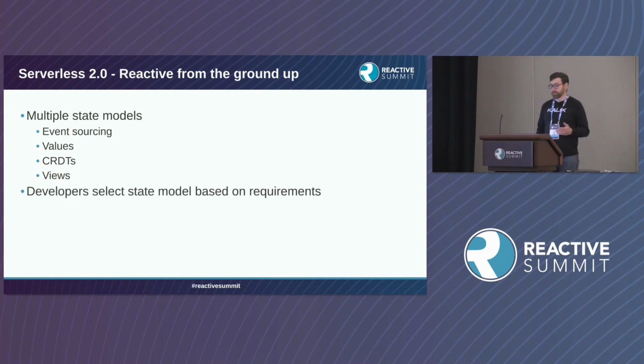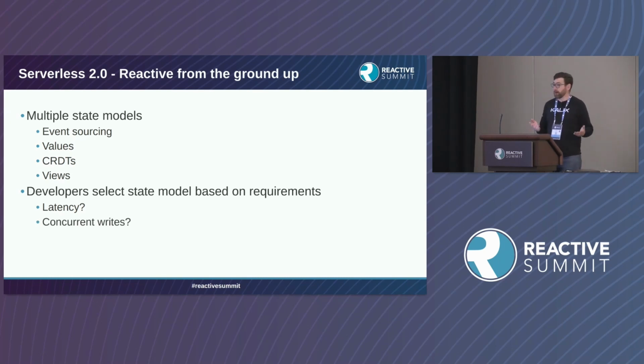And so developers will select state models based on requirements, and they're not going to use the same state model across the whole system. For each different entity that they have, they will choose the state model that best suits what that entity needs. So if they have certain latency requirements, then they might choose a state model that ensures that the state is at the node that receives the request already before it's handling it, so something like CRDTs.